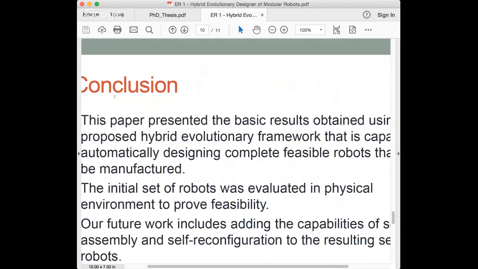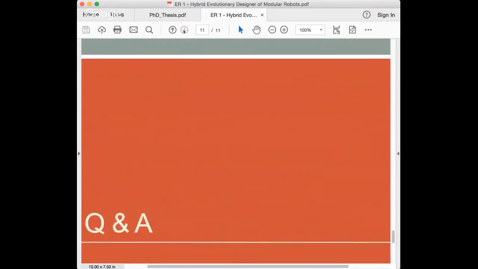Then it will start moving forward, for example, to achieve the task at hand, like moving a certain distance, or maybe painting a wall in another benchmark problem. Then after achieving that, we will start working on adding self-reconfiguration capabilities to the resulting robots. So that's it for now.